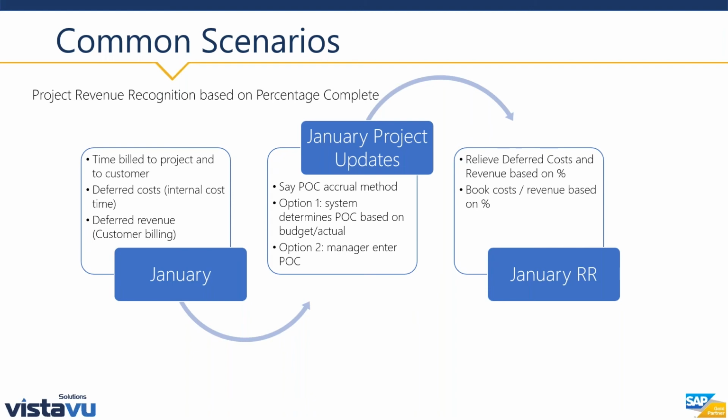You may decide that that's an accurate way to do it. Or you may want the manager or maybe somebody in accounting to manually override the percentage complete on that project. So once they've done that update, then the January revenue recognition would run, and it would relieve the deferred costs, and it would relieve the deferred revenue, and it would book everything based on that percentage completion based on either option 1 or 2.